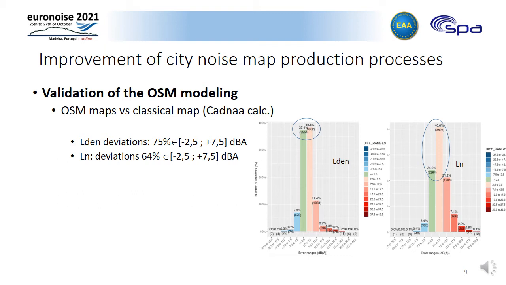Even if everything is not explained yet, a first explanation is likely to be the difference between road traffic data between the two methods. While the classical method uses real road traffic data, the OSM method uses the good practice guide to estimate it from road information. Empirical laws between traffic and kind of roads might be too rough or not adapted to French road traffic.